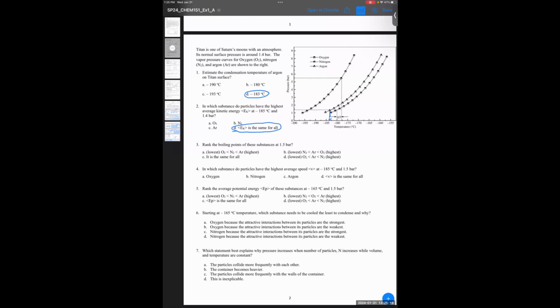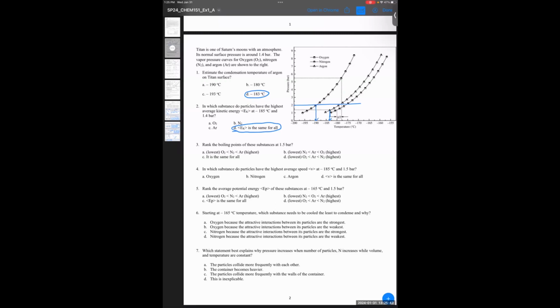Right. Rank the boiling points of these substances at 1.5 bar. Okay. So it doesn't matter actually what the pressure is. At any given temperature, let's say that it's 2. Okay. So here's the 2. Now when it comes to nitrogen, it's going to reach that around 190.